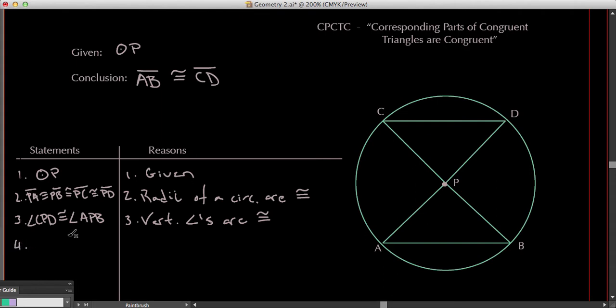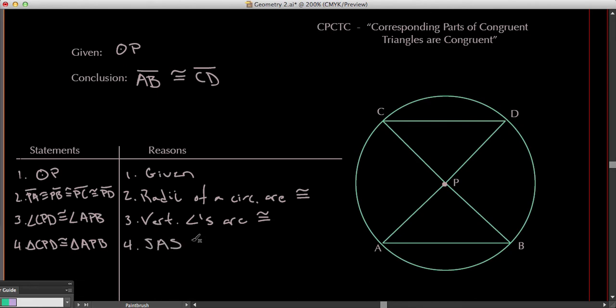So let's prove these triangles' congruence. We can say that triangle CPD is congruent to triangle APB. And this is due to side-angle-side.